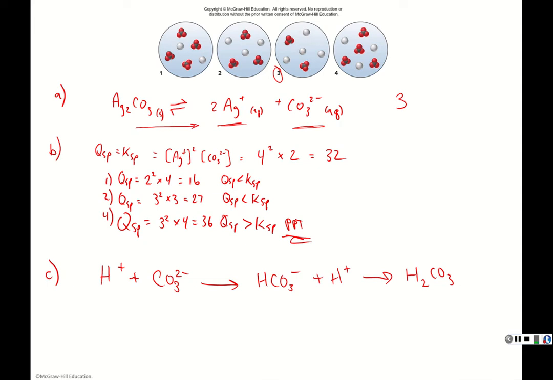So it's going to make this more soluble, so your Ag plus concentration will go up, and the amount of solid you have will go down. So Ag plus in that scene would go up, and your solid silver carbonate is going to decrease.